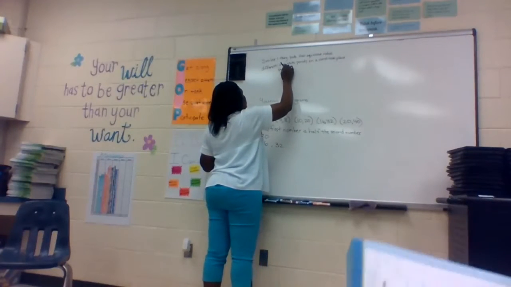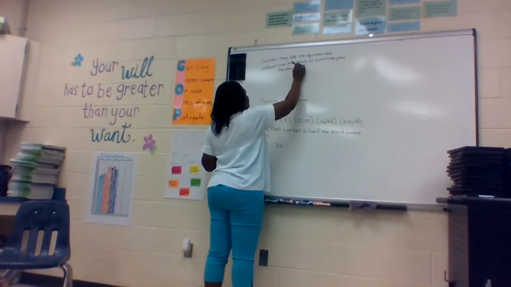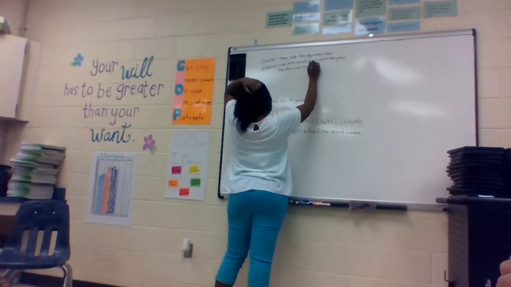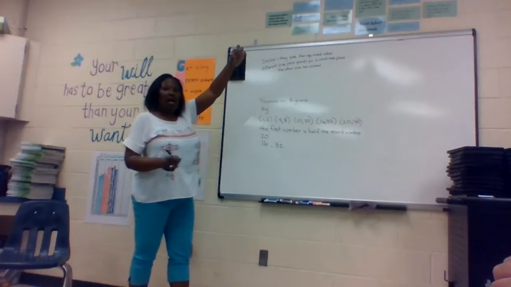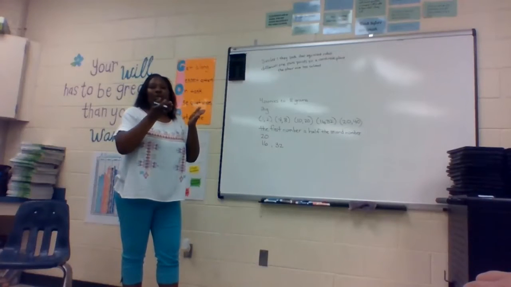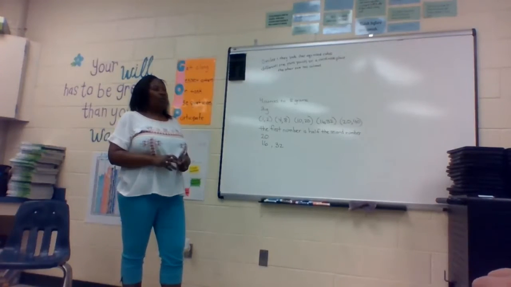The other one has columns, right? You have one column going this way, the other column going that way, and they show equivalent ratios.